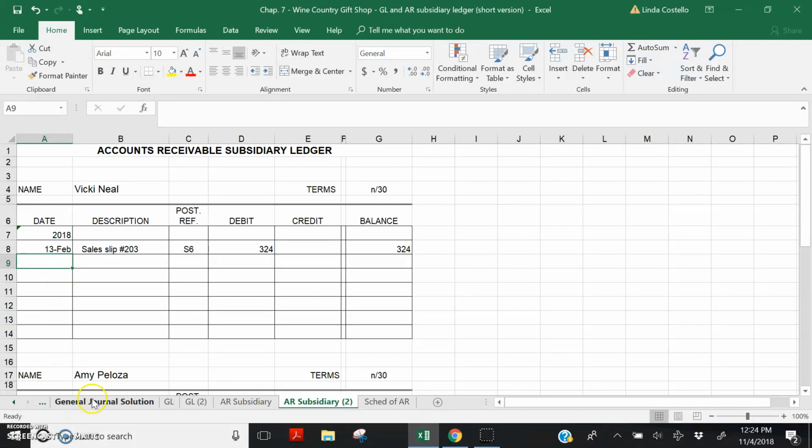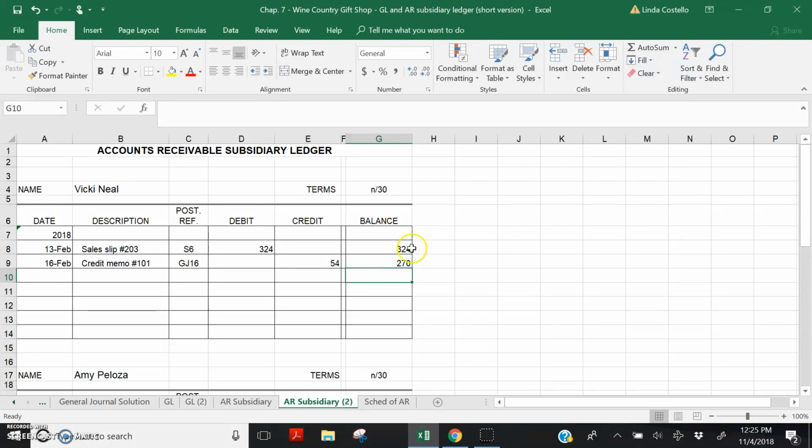This date was February 16th. Date February 16th. Credit Memo 101. The posting reference is General Journal or GJ16. Credit 54, leaving a balance on her account of $270.